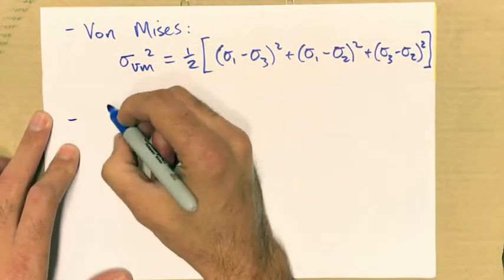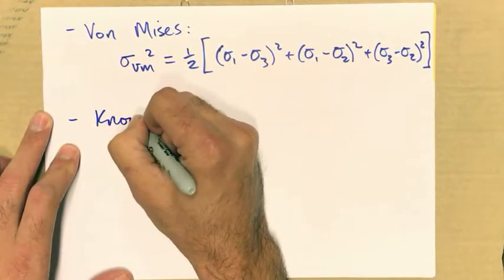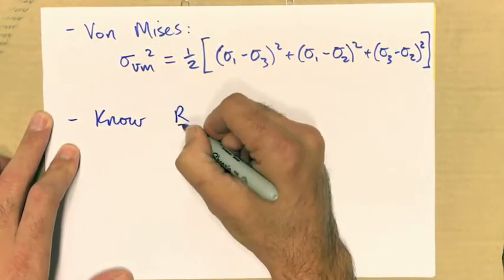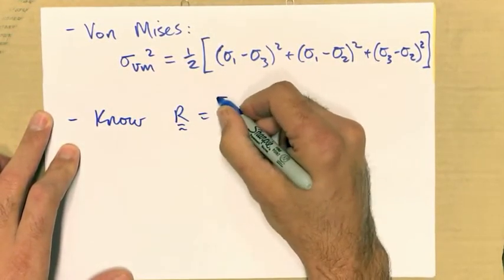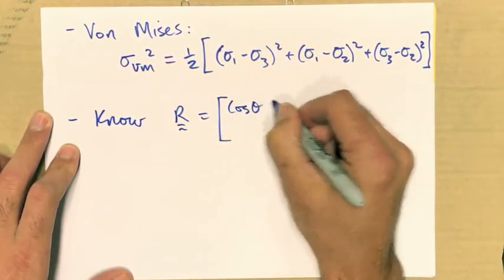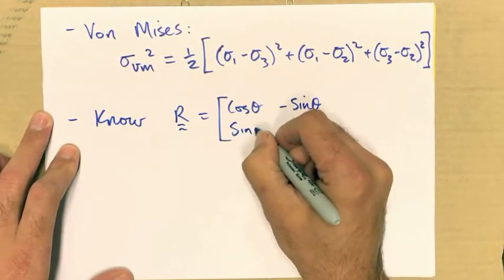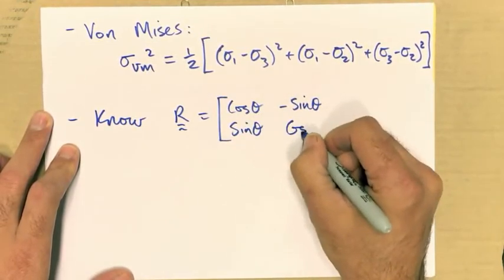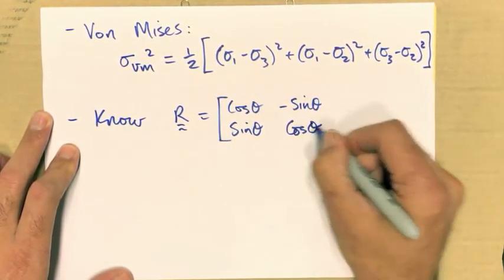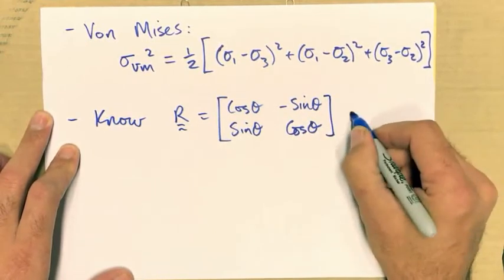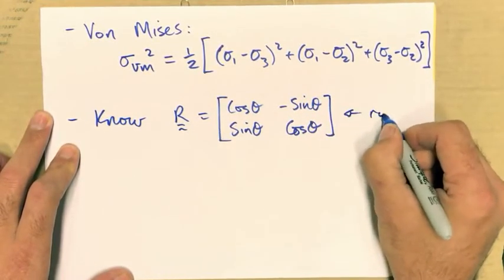Okay, and the last thing is to know your rotation matrix, R. Right, I expect you to remember this and to be able to use it. I think in every exam I have set, you've been required to use this. This is the rotation matrix.